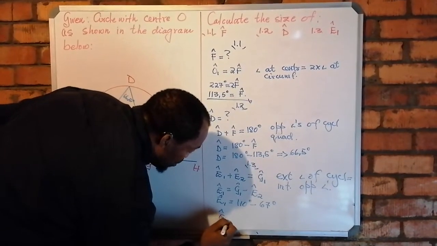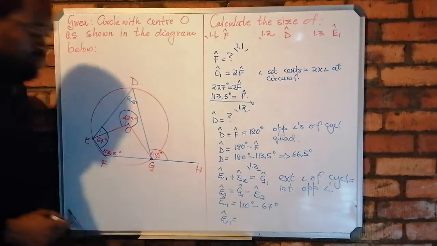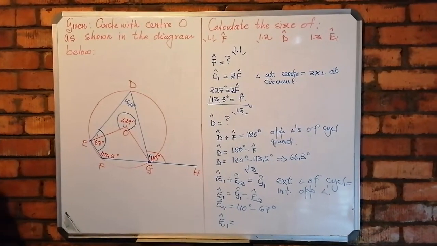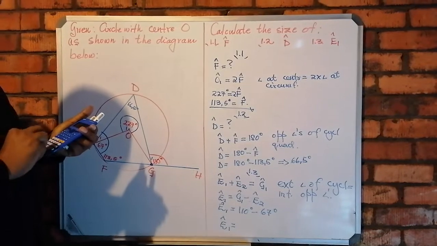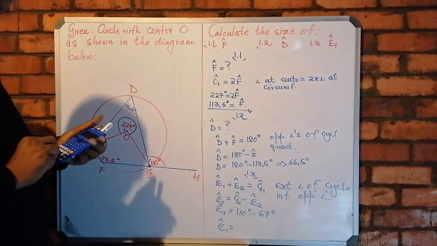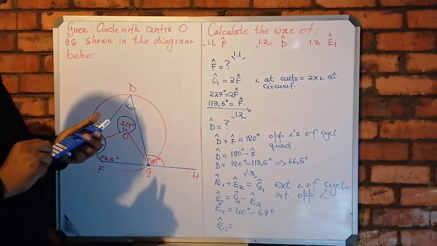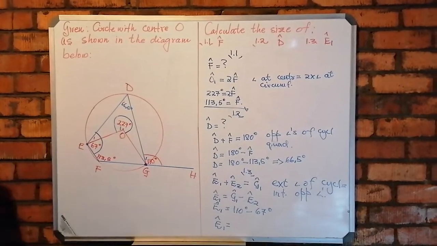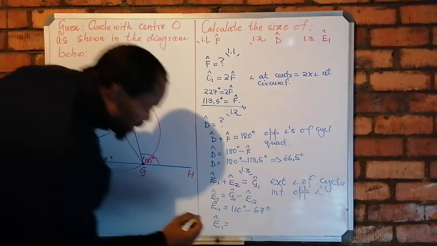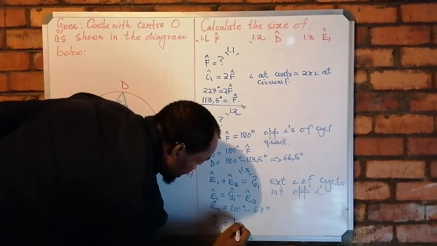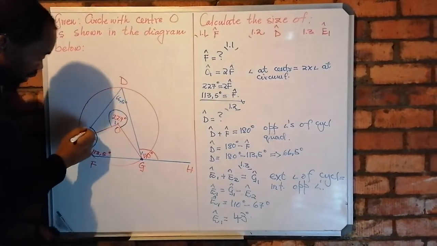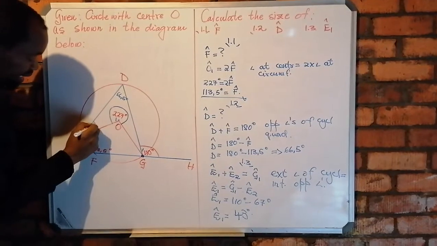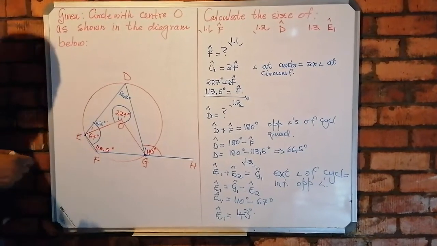Therefore, angle E1 is equal to, now, I'm becoming a bit lazy to use my head, that is 43 degrees. Now, we know that this angle is 43 degrees.